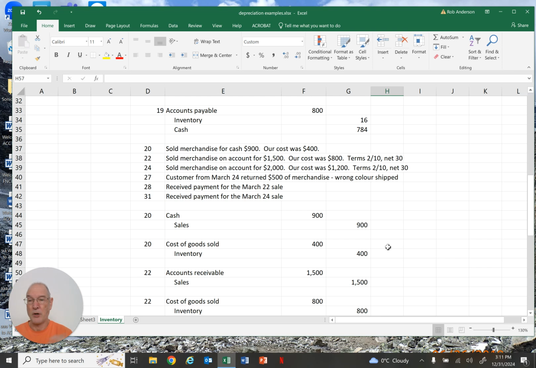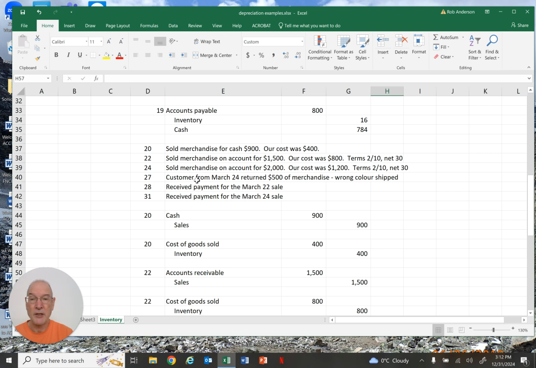We have to absorb that loss, and it's already recorded in cost of goods sold. So if you see a sales return, just make sure you look to see if the company returned those goods to inventory. Then you need a second journal entry to put them back. If they did not, you do not need a second journal entry.